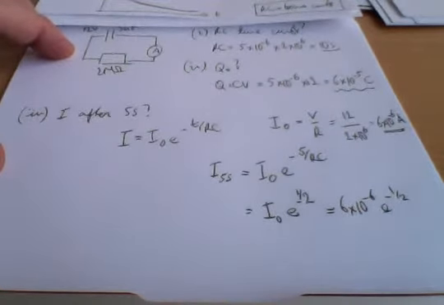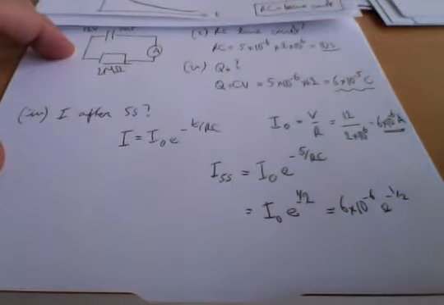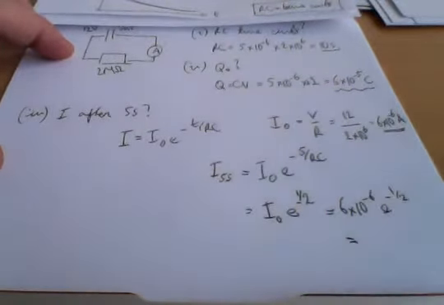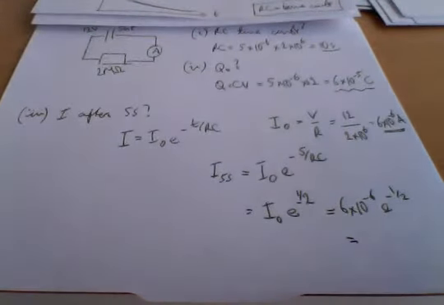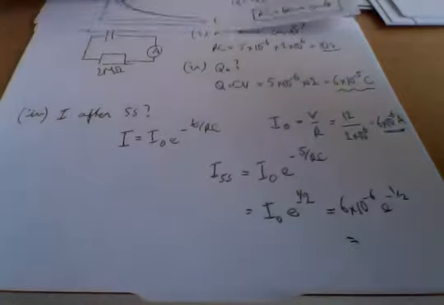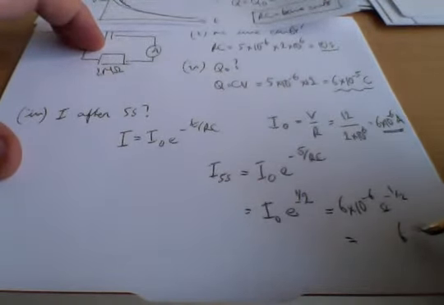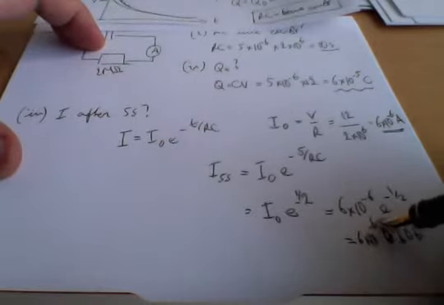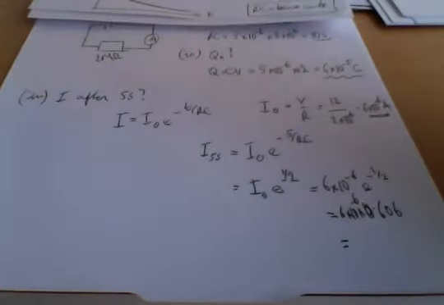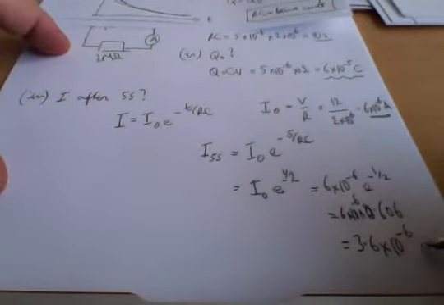I'm just going to double check on the calculator: e to the minus 0.5 gives me 0.606. 6 times 10 to the minus 6 by 0.606 gives me 3.6 times 10 to the minus 6 amps.